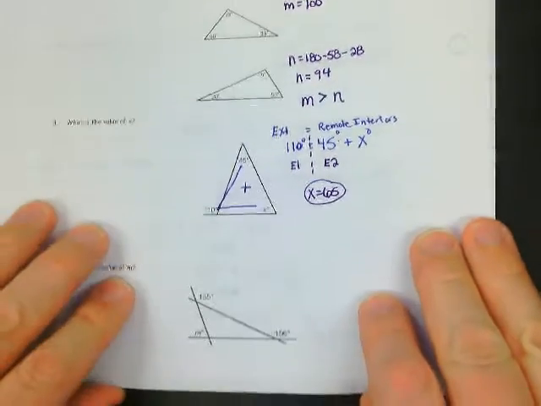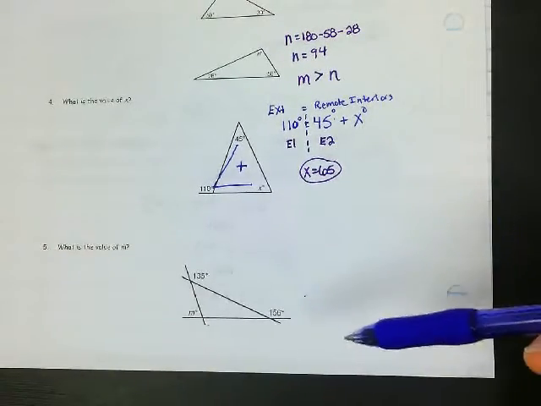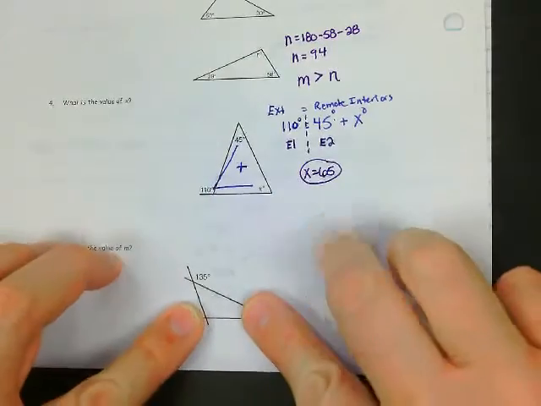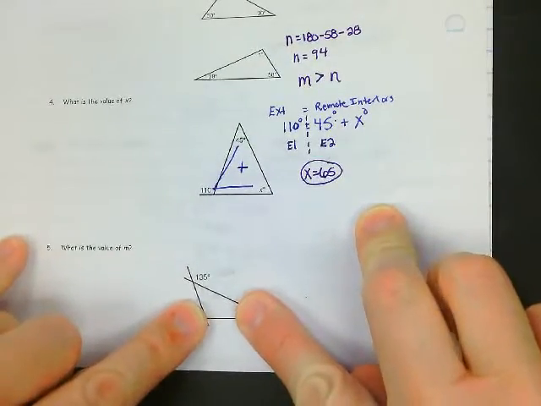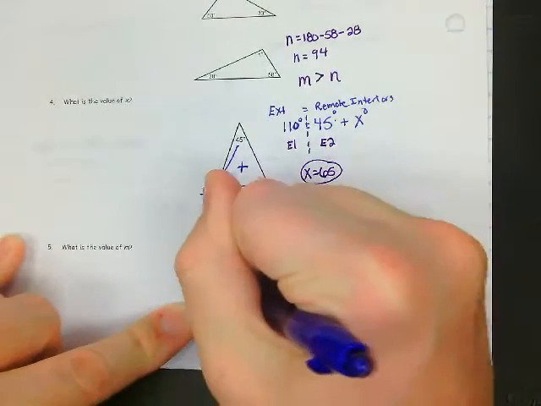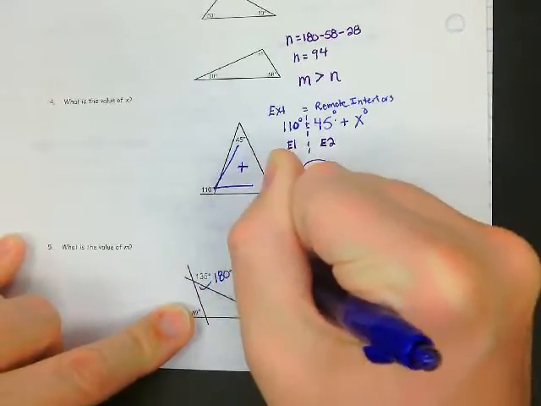All right, last one. Now this one, we don't have any of the interior angles. But that angle right there has a linear pair. So this angle has to be 180 minus 135.